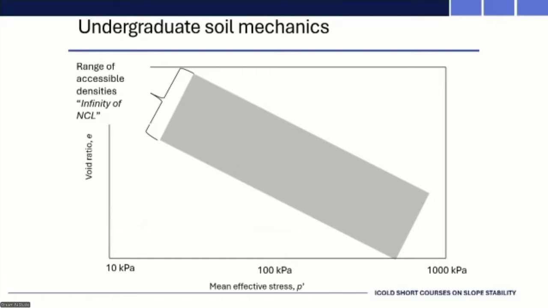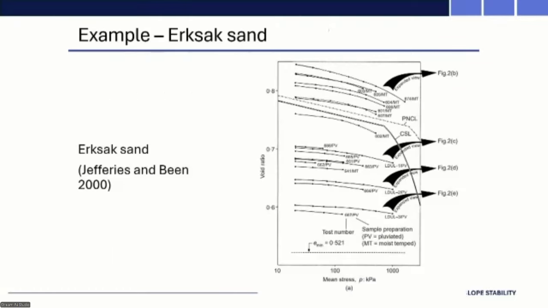So we talk about it as the perhaps accessible densities. And what governs that difference, I guess, is your starting void ratio. So it's that initial void ratio at low effective stresses. You start higher up, you remain higher up, compared to perhaps a tailings that's placed at a lower void ratio.